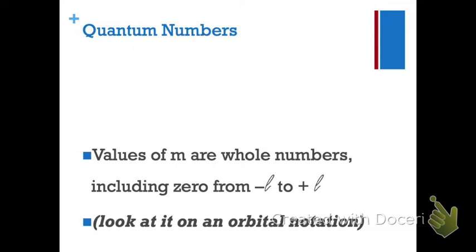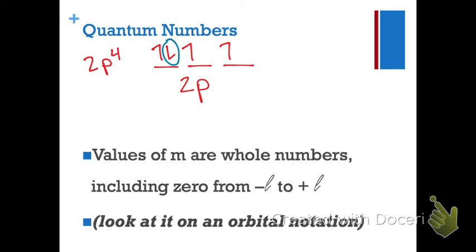So where is oxygen's last electron found? 2p4. So I would draw out the orbital notation for 2p: 1, 2, 3, and 4. The electron I'm focusing my energy on is this one. It's always the last one to go in.